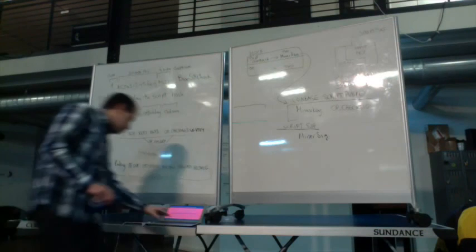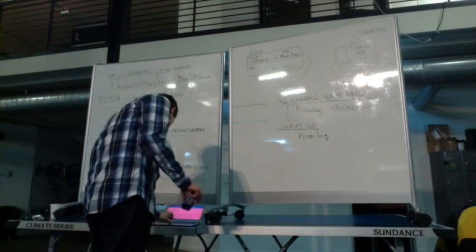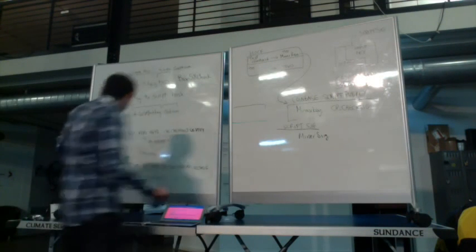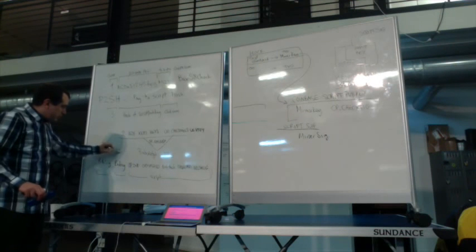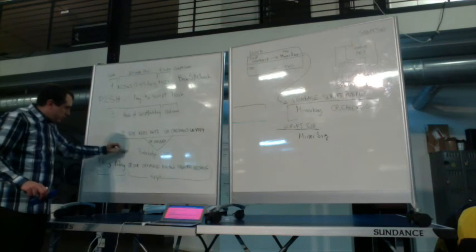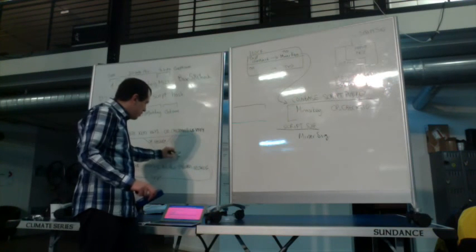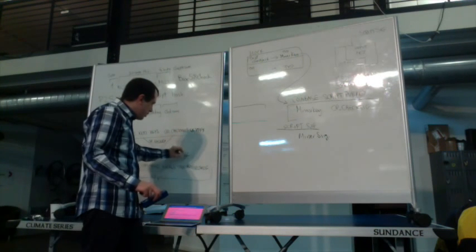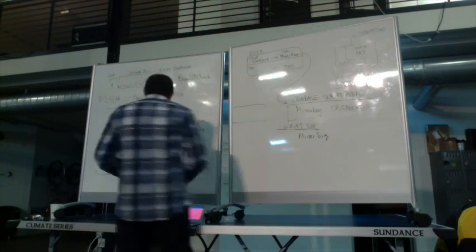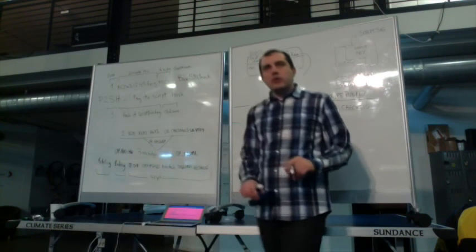And then you embed that in the transaction as op hash 160, the script address, op equal. Right?